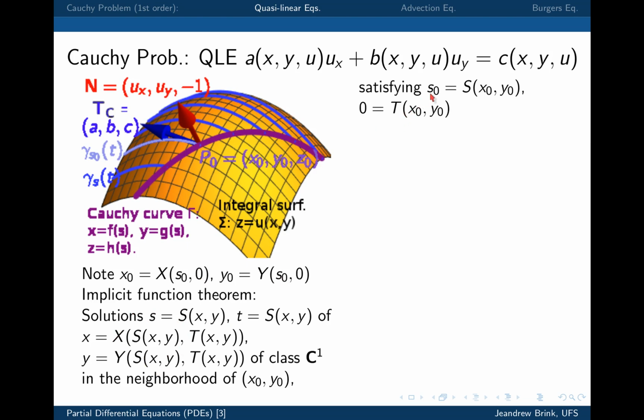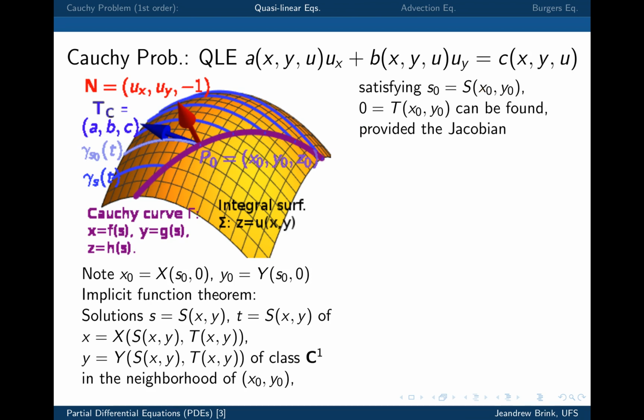So at P0, we have that s0 is simply s of x0, y0. And we know that we're relying on the Cauchy curve, so t is equal to 0. Okay.